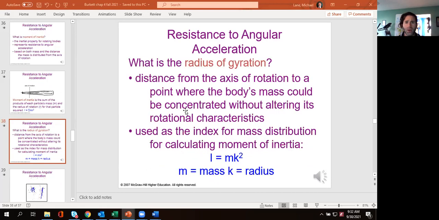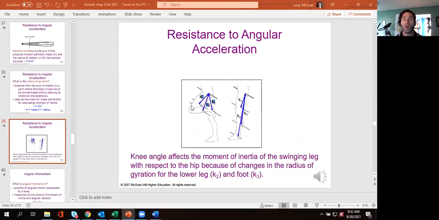Okay. Now, the next concept when it comes to rotation is what's known as the radius of gyration. This is where we find the greatest amount of the mass and radius congregating, so to speak, where it balances out. Think about the body when it's moving. If our hip is what we're rotating upon, when we have our leg in a straight position, the center of mass of the calf and the foot is the furthest from our hip.